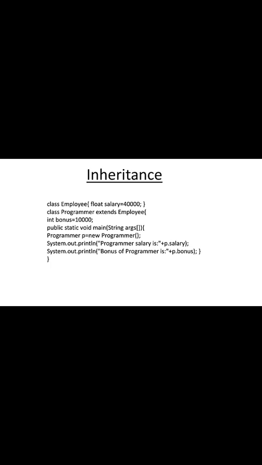The child class has the inherited properties and methods along with its own. Inheritance is a mechanism where you derive a class from another class for a hierarchy of classes that share a set of attributes and methods.